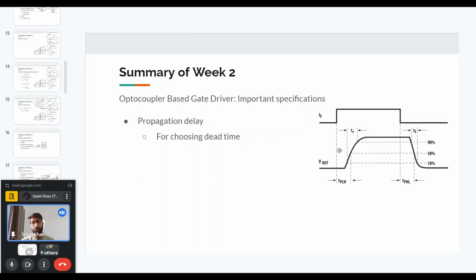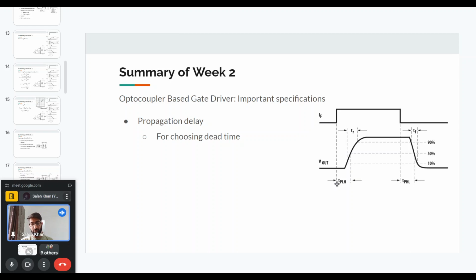And this is important when we choose the dead time, because the dead time is basically a time between, let's say, the turn off of the top switch and the turn on of the bottom switch. We give some time so that both devices are not on at the same time.